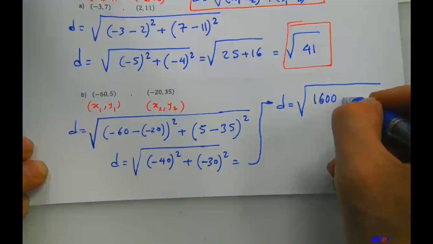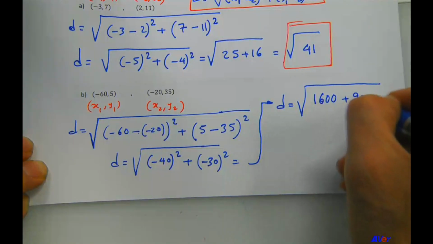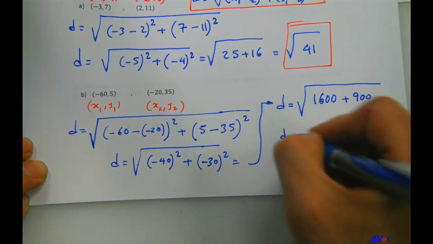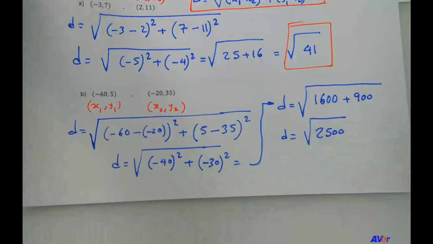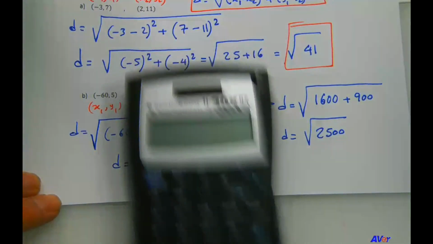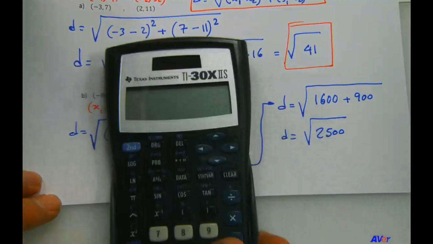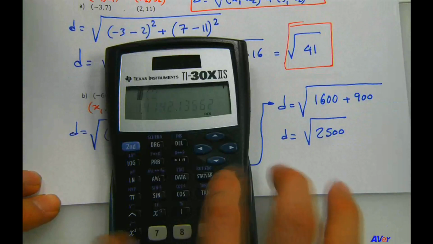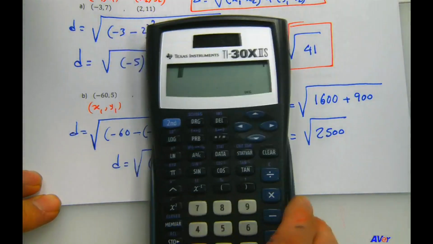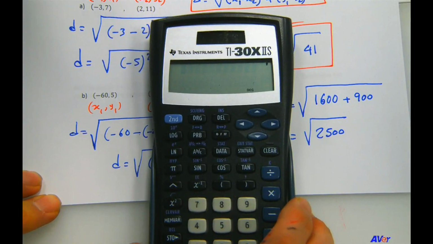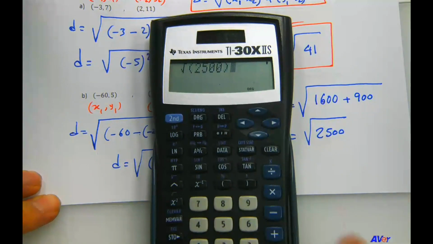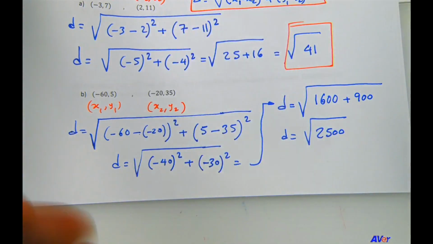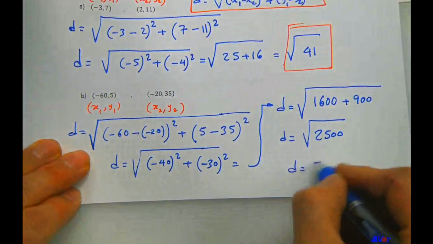Minus 30 squared, that's positive 900, right? So we have D equals the square root of 2500. That'll be probably 50, right? Let's just verify that. Let's see if we get 50. We should. Okay, so we just verified it. D equals 50.